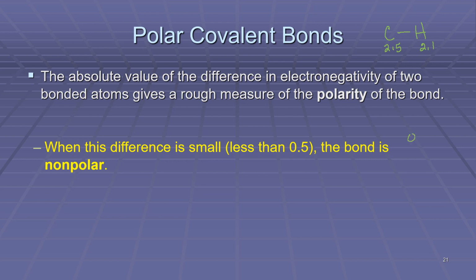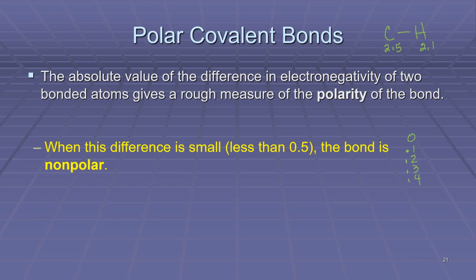So for example, if the difference is 0.1, 0.2, 0.3, 0.4, then what that means is that these two elements are so similar in their pull on electrons that it's like they're evenly matched in a tug of war. And so one atom doesn't have more of the electrons than the other. So we call that nonpolar.